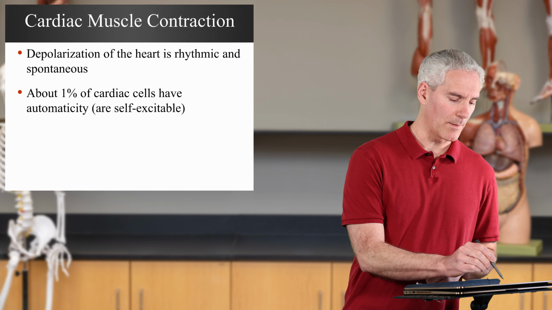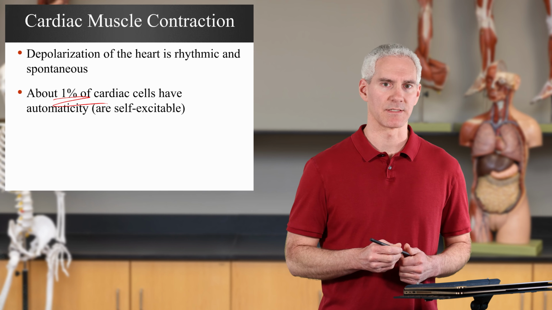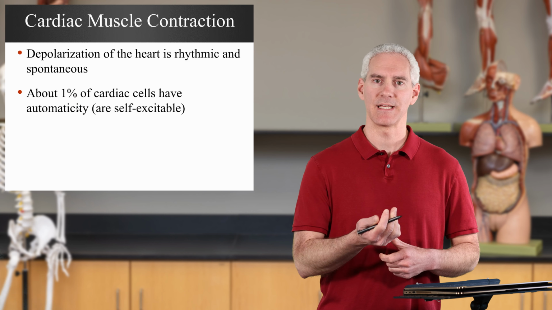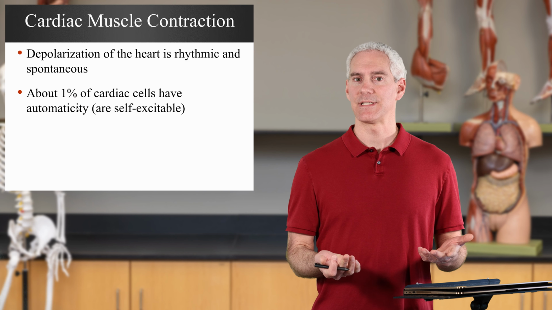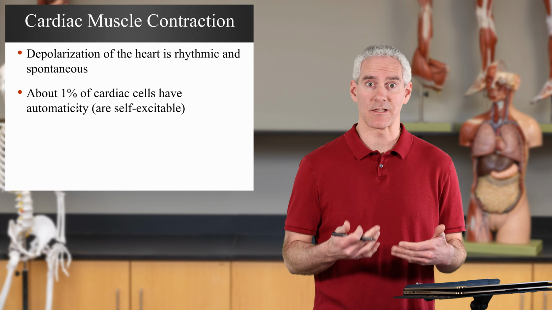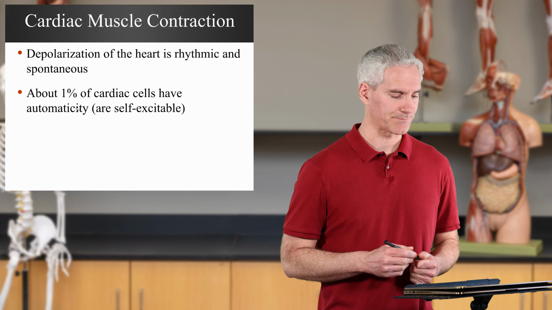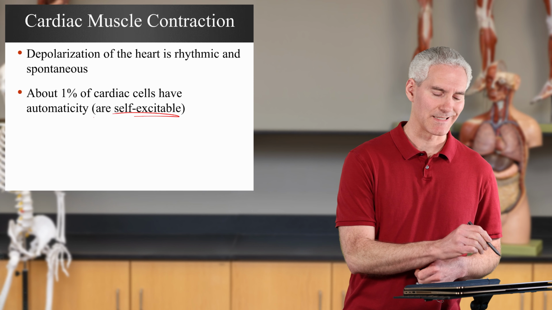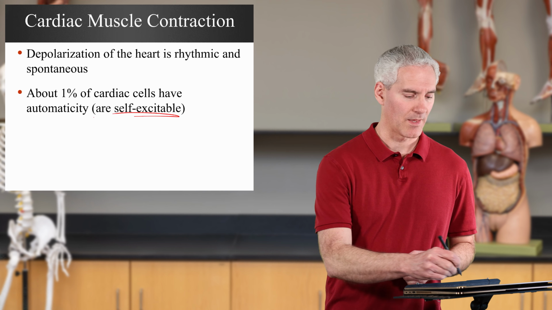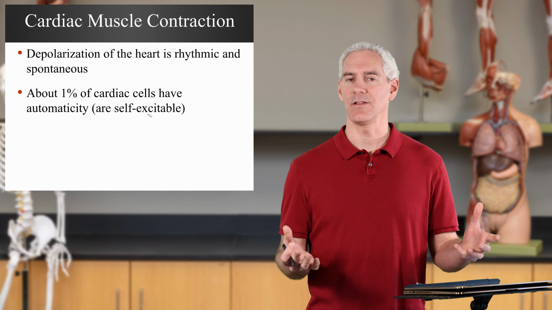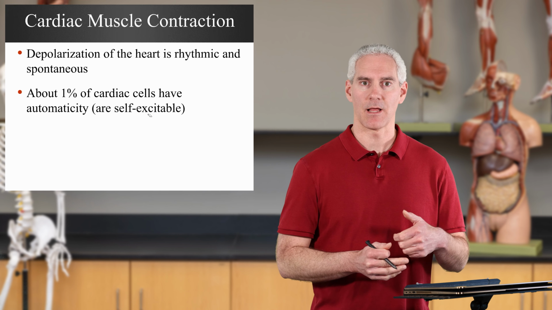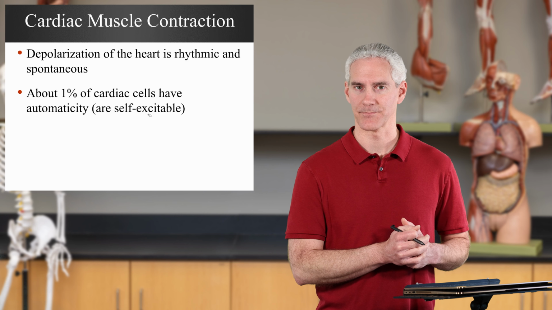So that's why about 1% of your cardiac muscle cells have what's called automaticity. This automaticity is basically they self-regulate. They cause themselves to beat. They cause their own contraction. So that's why I put down self-excitable. Because they don't need anything else to tell them to beat, to tell them to contract or depolarize.